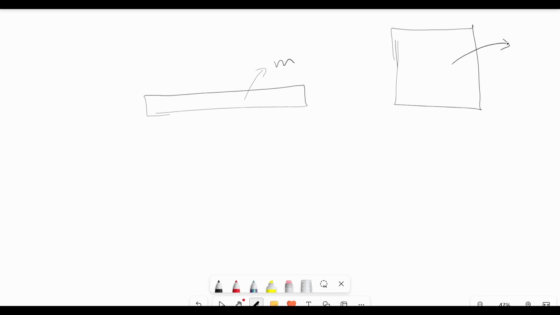Before I explain why this happens, let's take two objects of the same mass. Let one be a cuboid and the other a cube, both of the same material and same density. This one has mass m, and this one also has mass m.